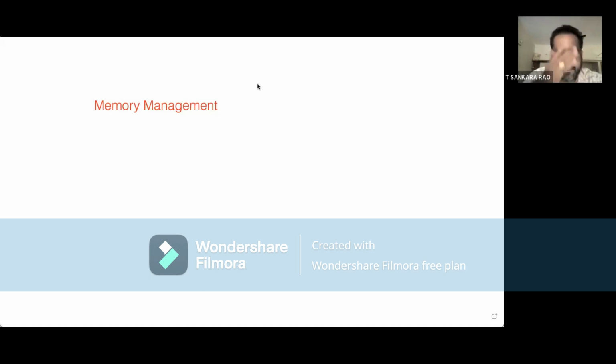The process management we have discussed thoroughly. With that fundamental knowledge, we can easily go to the other managements. So now we see memory management.